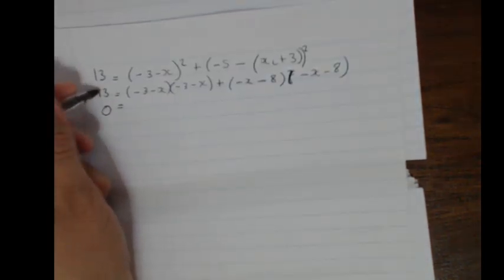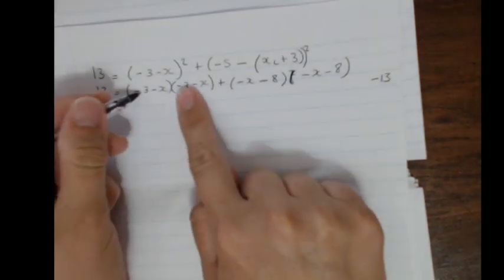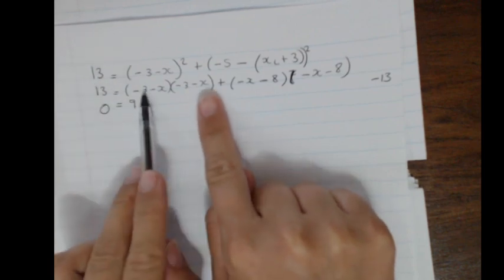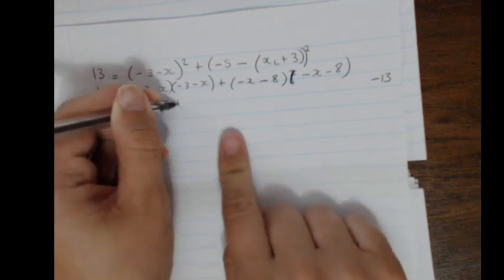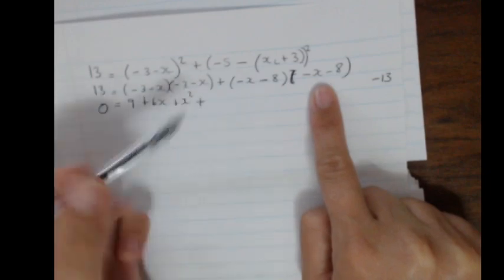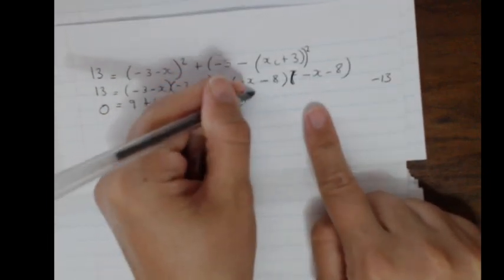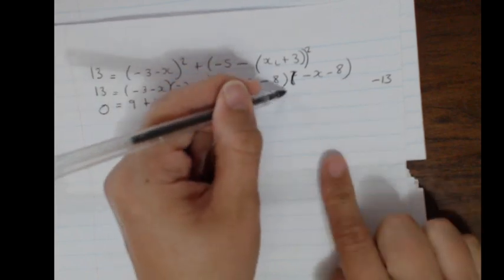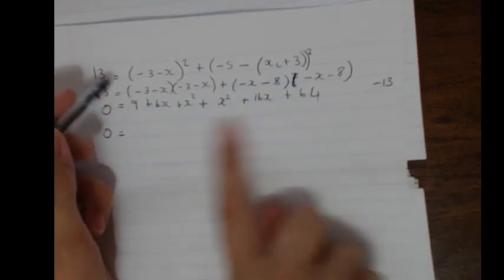And now I'm going to have to work this out. I'm going to move the 13 over as well. So -3 times -3 is +9. This is +3x, +3x, so +6x and +x squared. Then plus negative times negative, +x squared, plus 8x, meaning plus 16x, plus 64. Let's add the x squareds first.